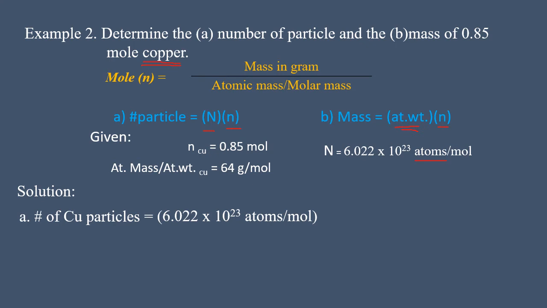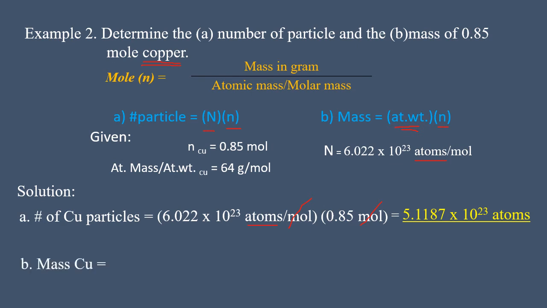EXP means exponent. Multiplied by 0.85 mole. So you can now cancel mole and mole. And you have here the unit sought for, which is atoms. So we have 5.1187 times 10 to the 23rd atoms of copper.